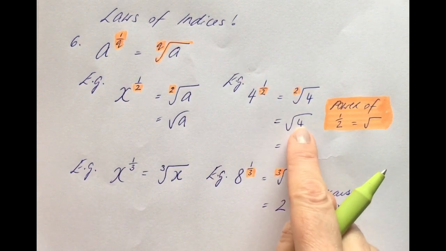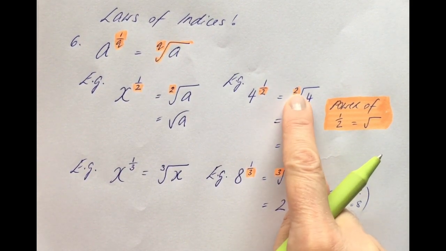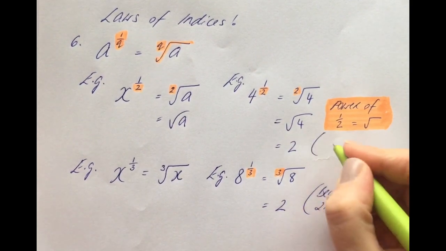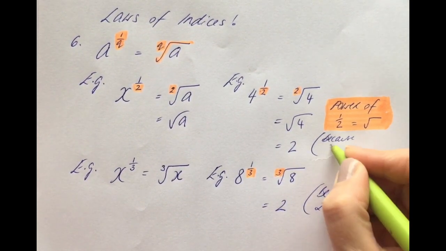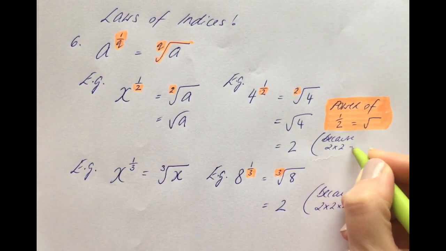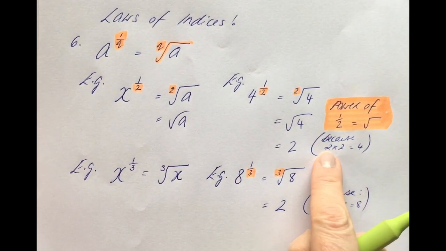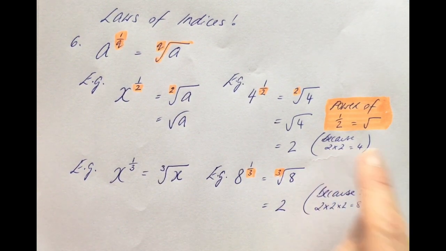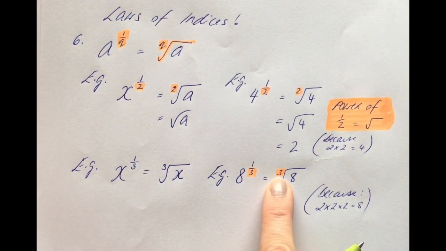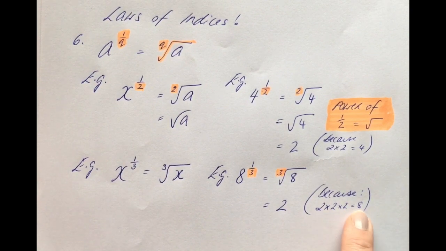In other words, what number times by itself twice is giving you 4. And the reason that is an answer of 2 is because 2 times itself is 4. 2 times 2, when there's 2 of them, it's 4. When there's 3 of them, 2 times 2 times 2, that's where we're getting 8. So the cubed root of 8 is 2, because 2 times itself 3 times gives you 8.